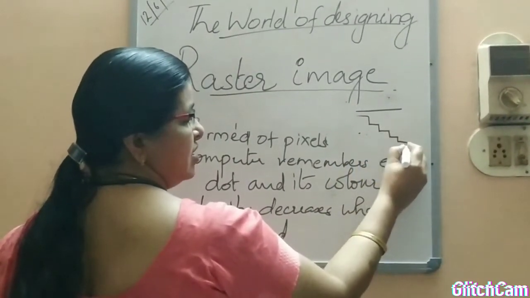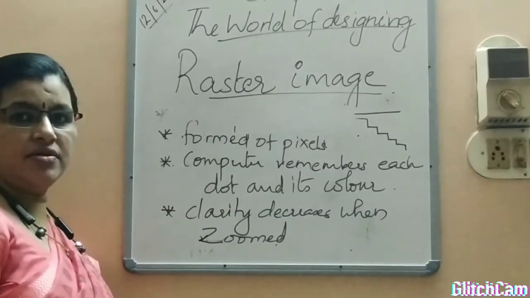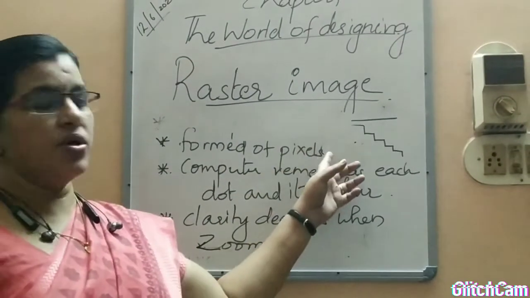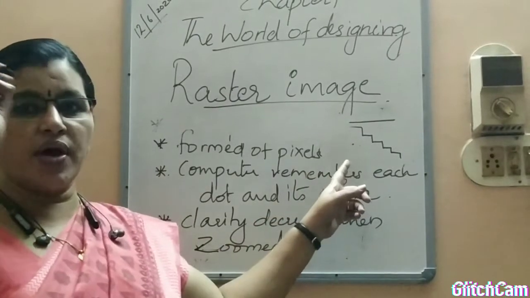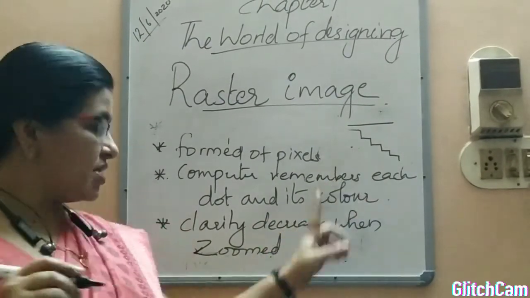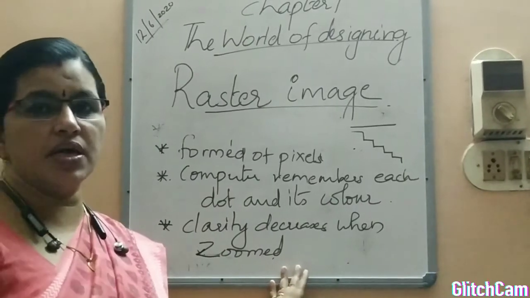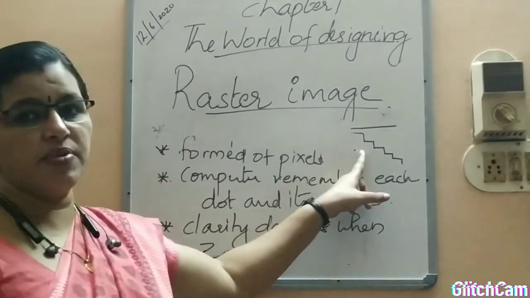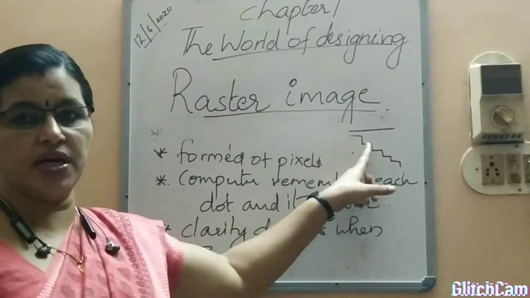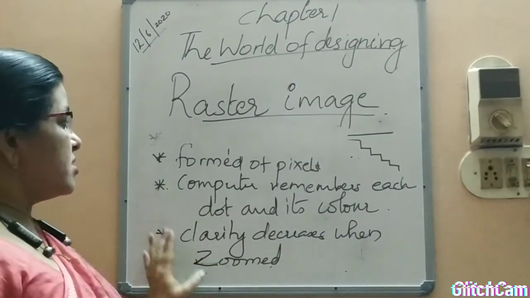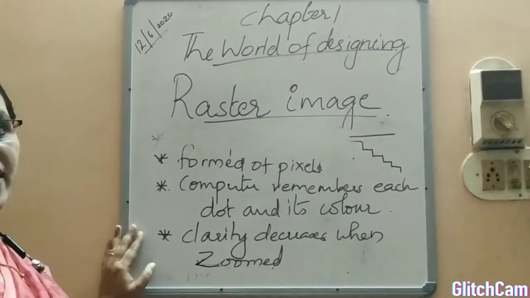Have you seen it in MS Paint? After drawing a flower, when you try to zoom it, it becomes a square shape. That is, the clarity decreases when zoomed. So these are the 3 points about the raster image.